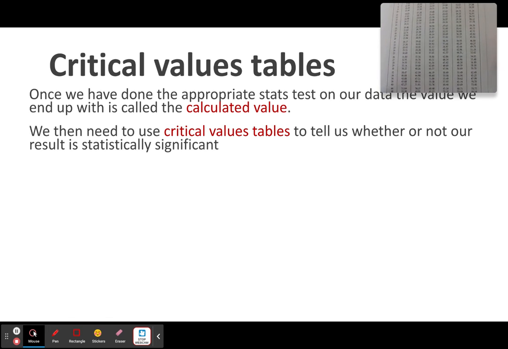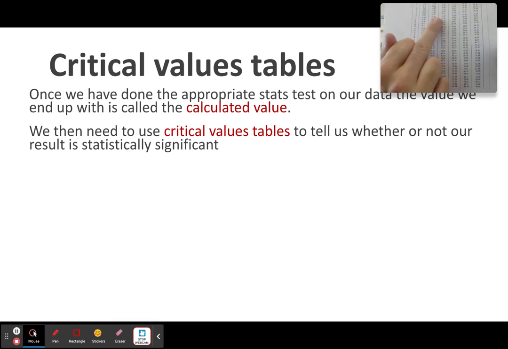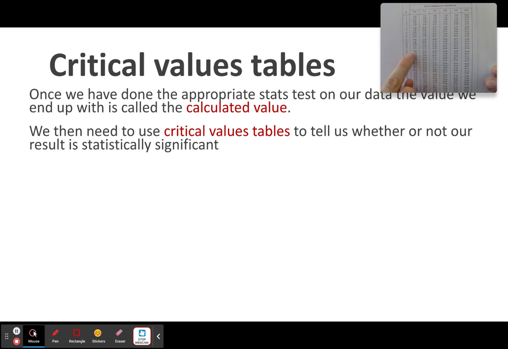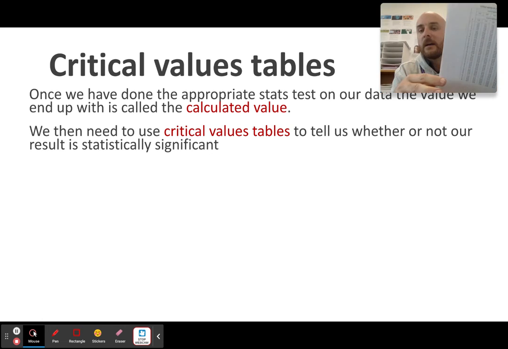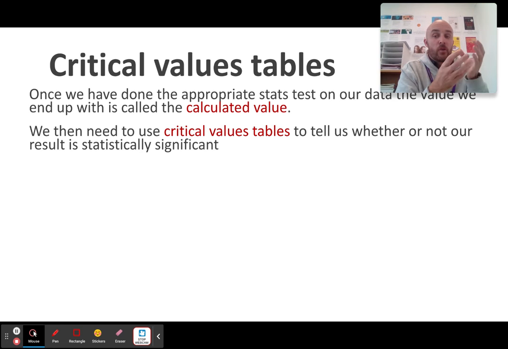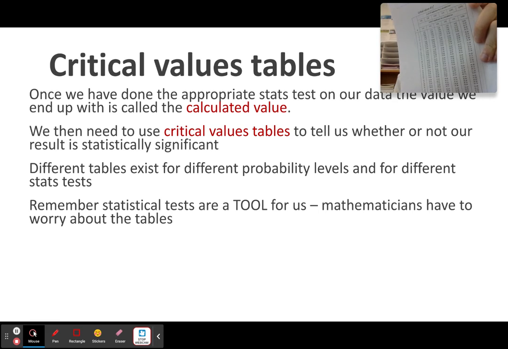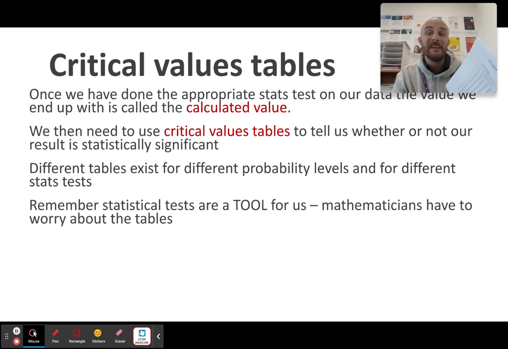And now you need to pick the right place. You need to find the right place and compare your observed value to the critical value in this case. And I'll go through why in a second. You do not need to revise these numbers. They will give you all the numbers you need in the exam.